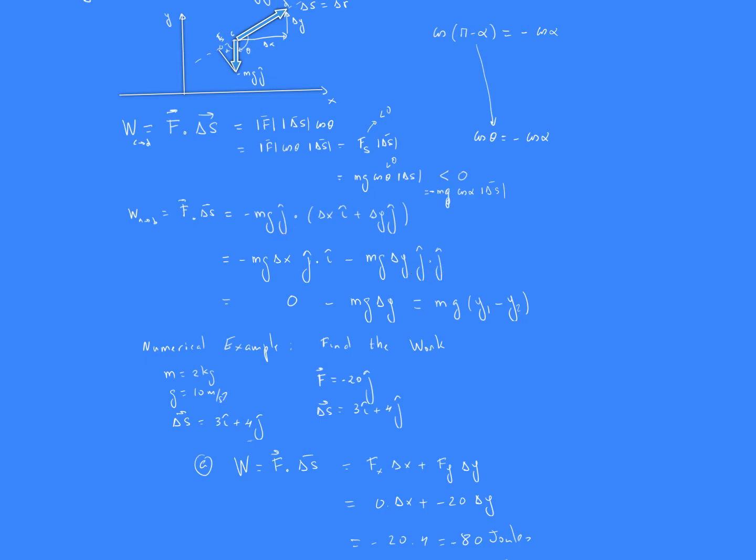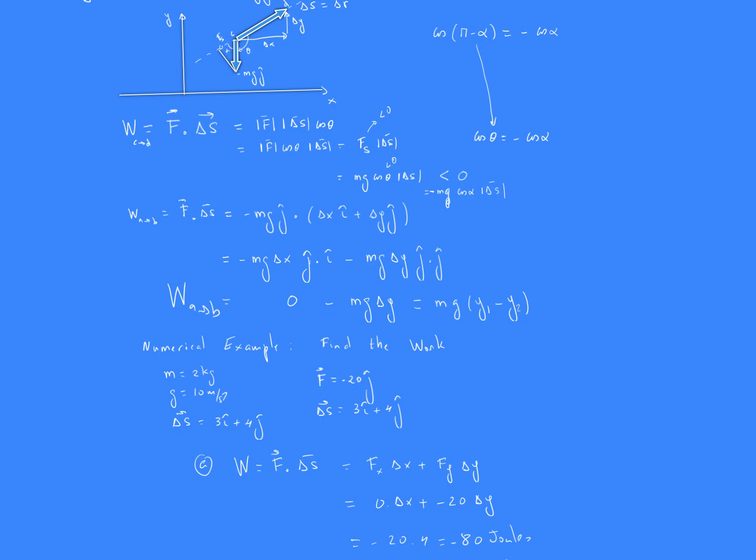So the work in going from A to B will be minus mg multiplied by delta y. But delta y is y2 minus y1.